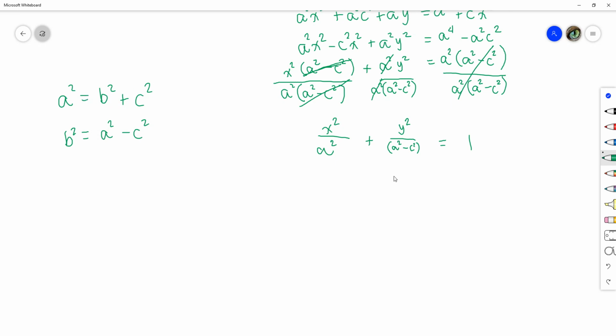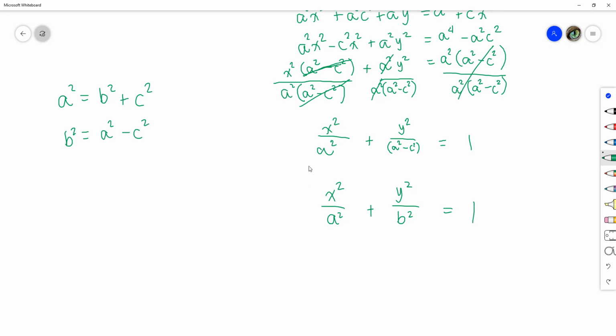Okay. So in other words, this denominator can be substituted by b squared. So you have x squared over a squared plus y squared over b squared equals 1.